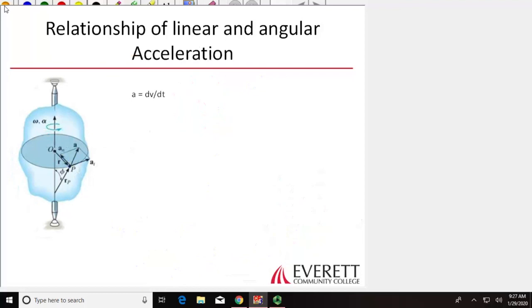What we want to do is we want to take that concept we just learned and extend it to acceleration using our kinematic equation. Acceleration is equal to dv/dt. Next week, we're going to learn that this is a very important concept for any vector, not just a velocity vector, but any vector within a rotating coordinate system can be related to a fixed coordinate system using the same derivation. We'll talk more about that next week.